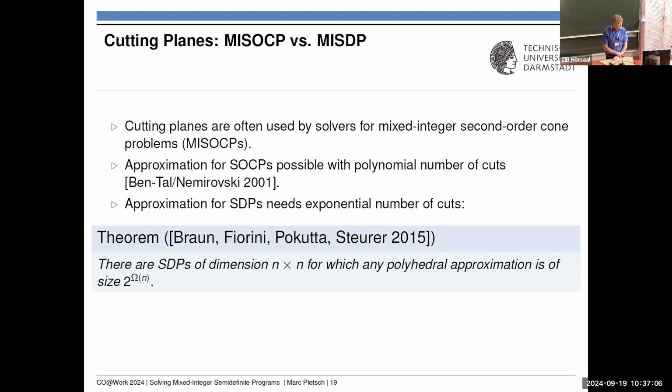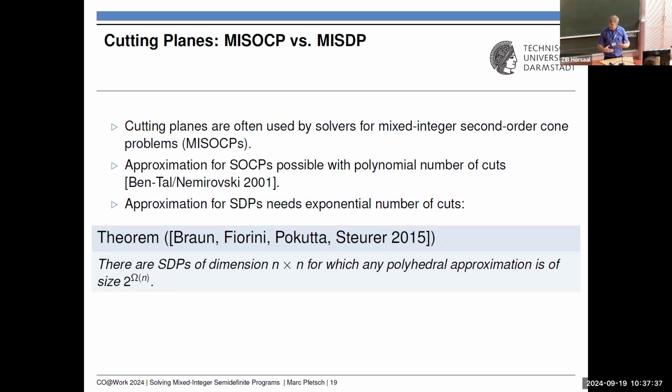However, and this is the message for you, the bottom theorem, for SDPs, this is unfortunately in general not the case. The theorem says that there are certain semi-definite programs of dimension n times n, so this matrix C is n times n, where every polyhedral approximation, so whenever you take linear inequalities to approximate this semi-definite constraint, will need exponentially many inequalities.